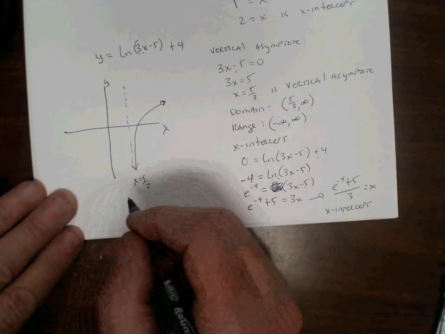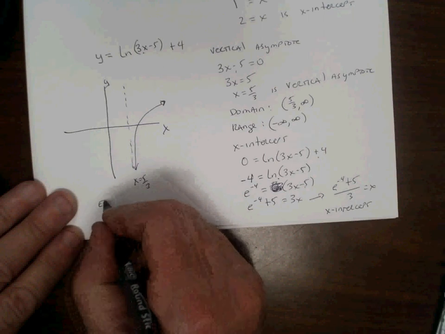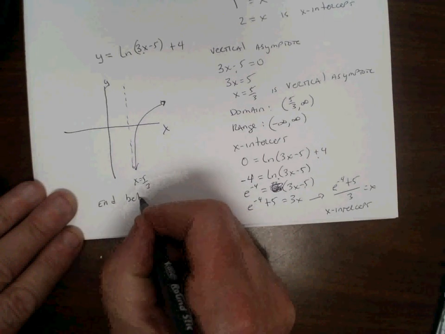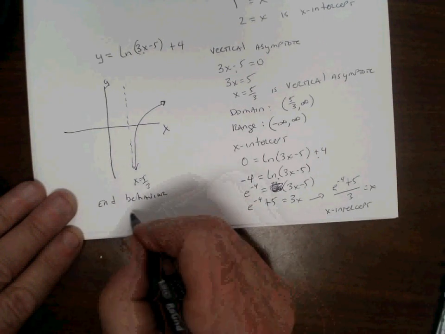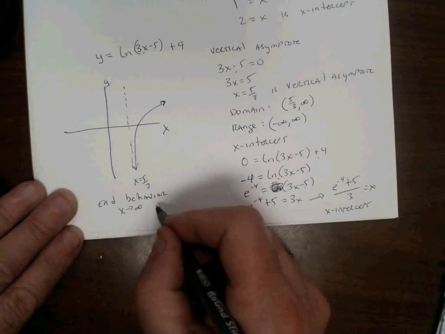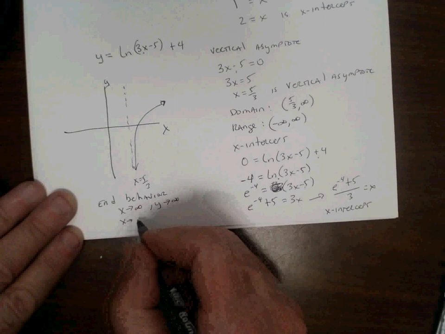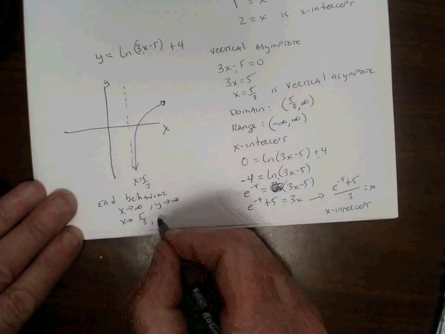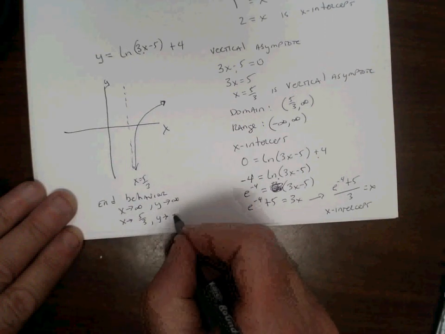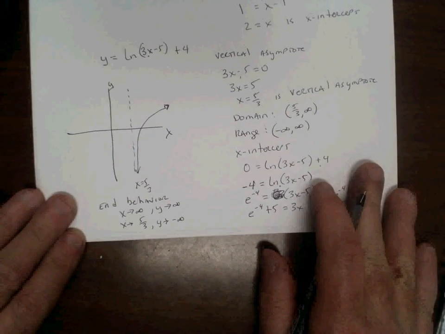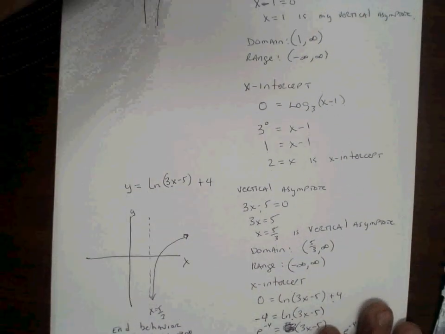We can look at our end behavior on this one, and we'll do the one from before also in just a second. End behavior: as x goes to infinity, y goes to infinity, and as x goes to 5/3, y goes to negative infinity.